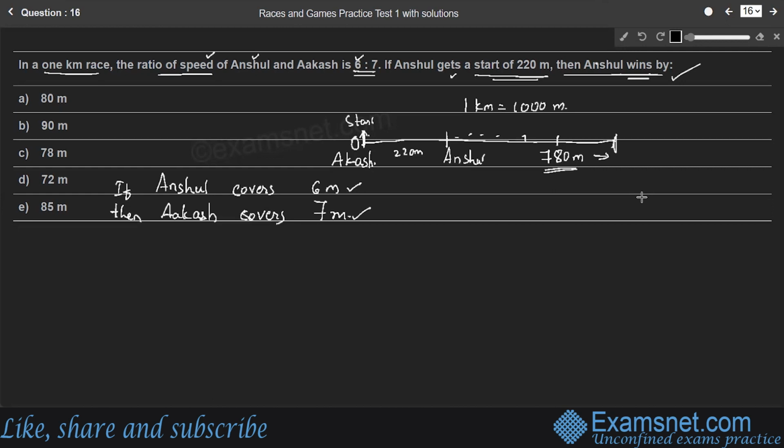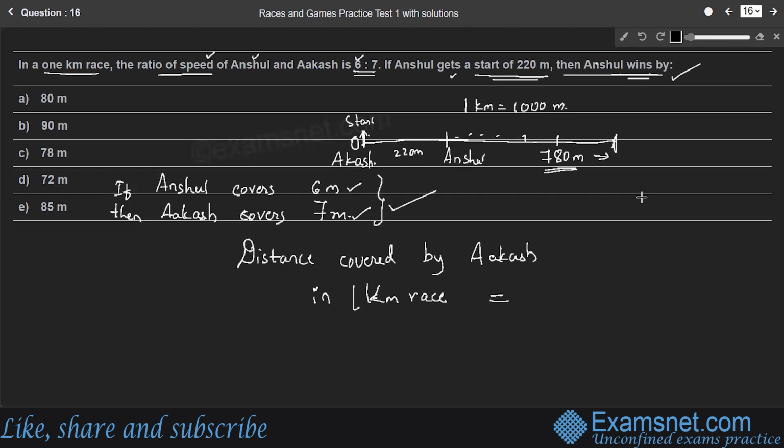Therefore, the distance covered by Akash in a 1 kilometer race. Depending upon these two data, if Anshul covers 6 meter of distance, Akash covers 7.